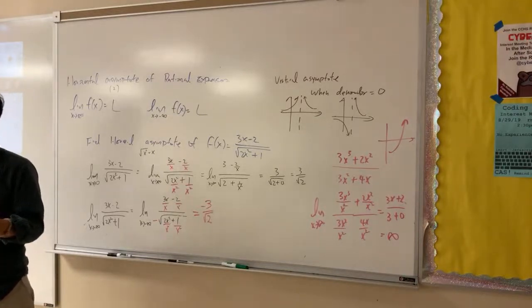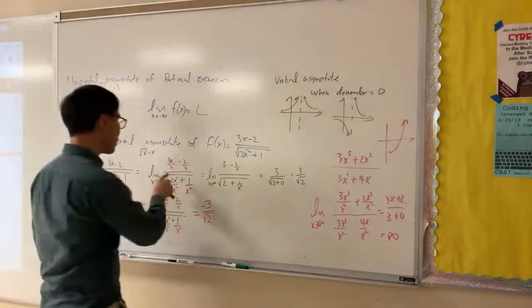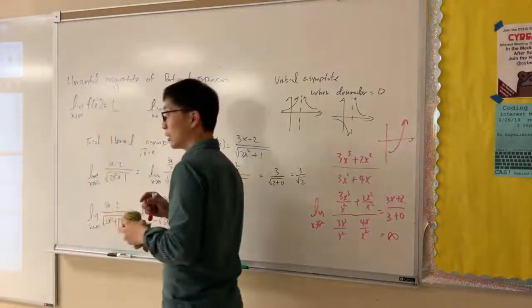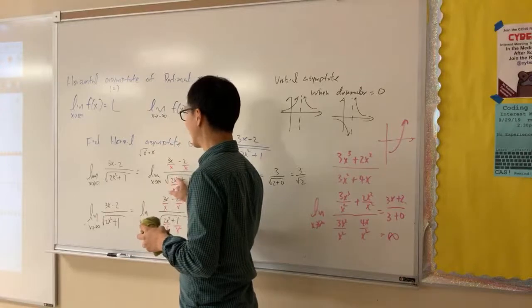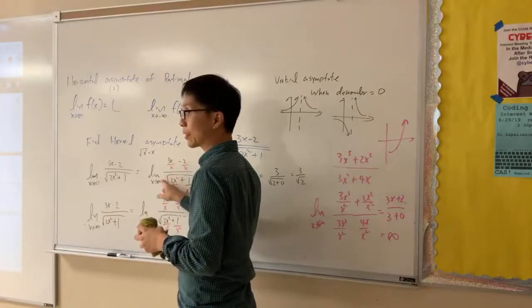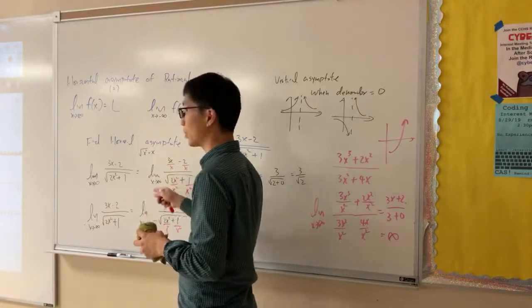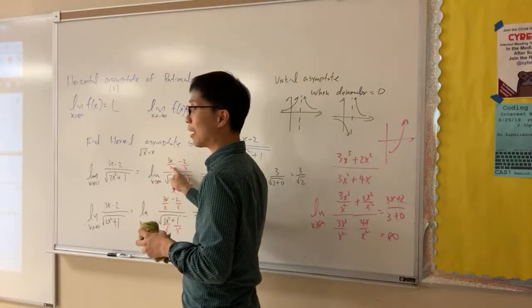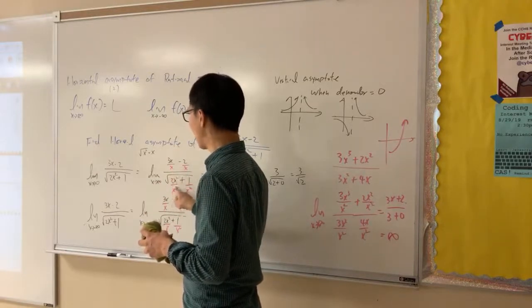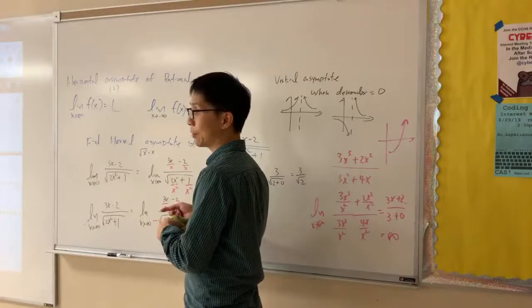Okay, repeat what happened again? So she's asking, what if it's an extra third power? If it's an extra third power, technically this is going to be 3 over 2 because the root is 2. So you can divide the top by x to the 3 over 2. Here you can divide by x cubed because it's x cubed inside, that's fine.